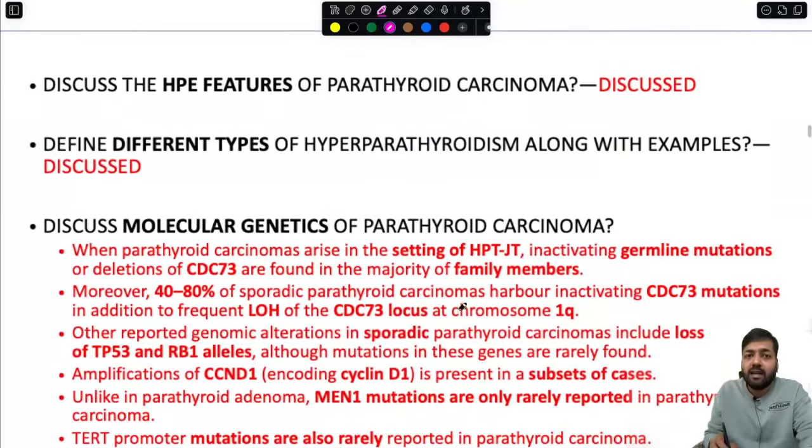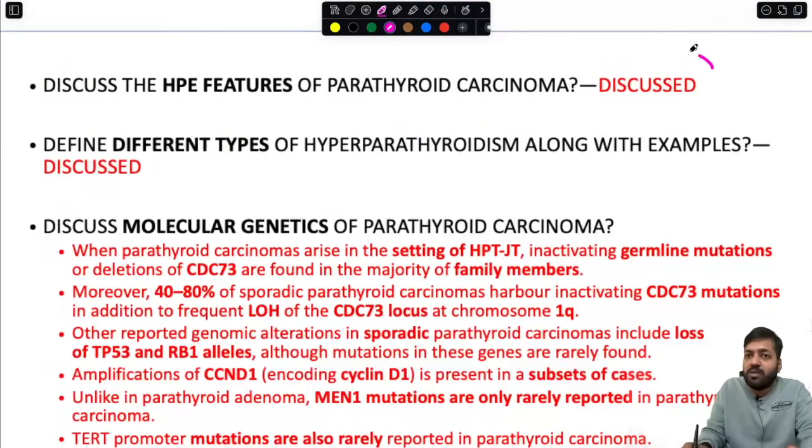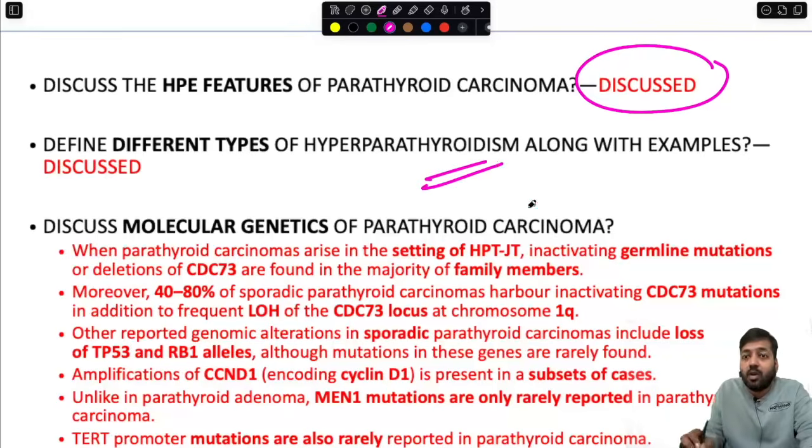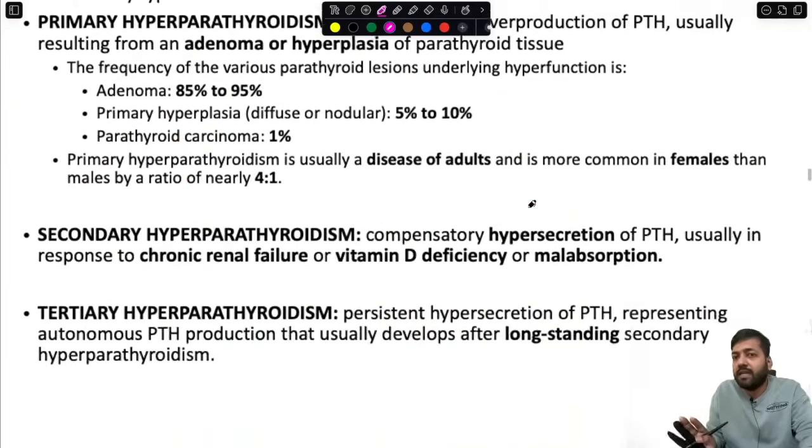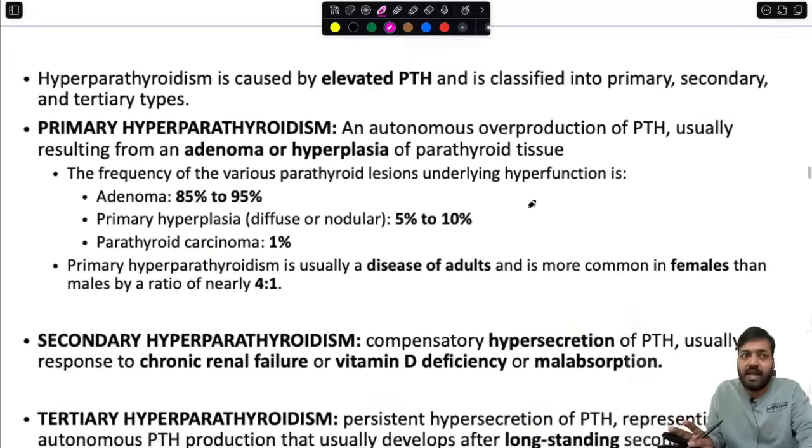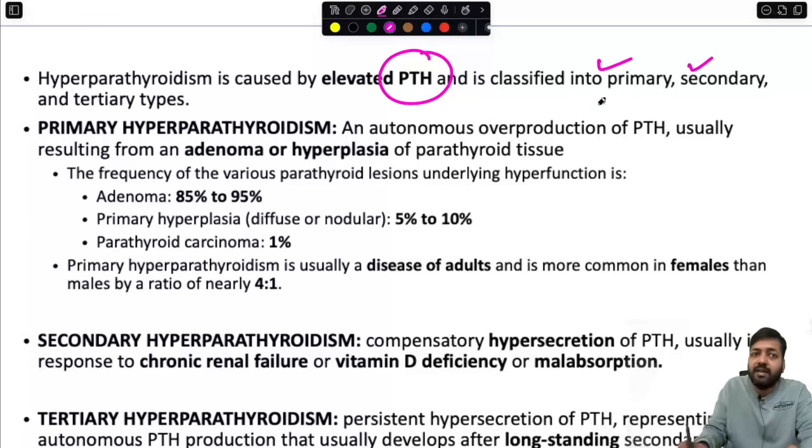So discuss the classical HPE features of parathyroid carcinoma. We have already discussed. Define different types of hyperparathyroidism along with examples. So this will also be commonly asked whether you get an adenoma or a carcinoma slide. So hyperparathyroidism is caused by elevated parathormone PTH level and is classified into primary, secondary and tertiary. So primary hyperparathyroidism is characterized by an autonomous overproduction of PTH, usually resulting from an adenoma or hyperplasia of parathyroid tissue.